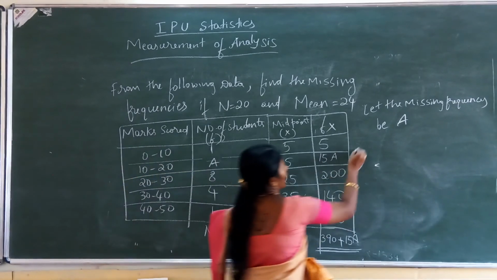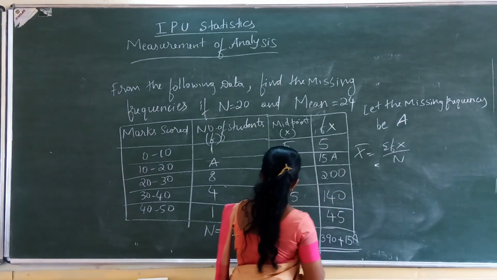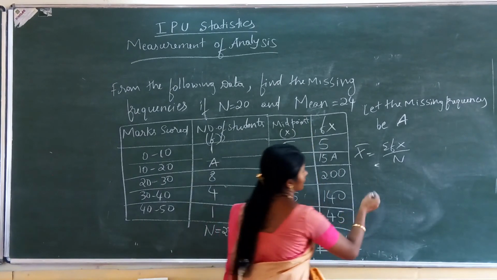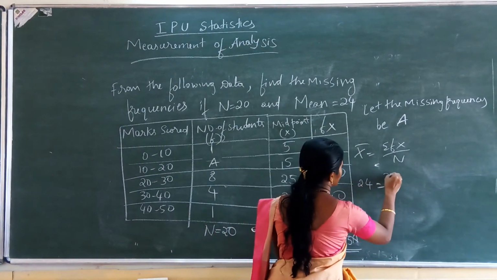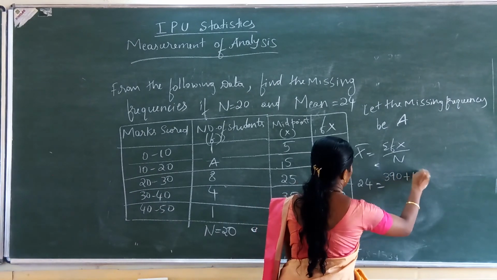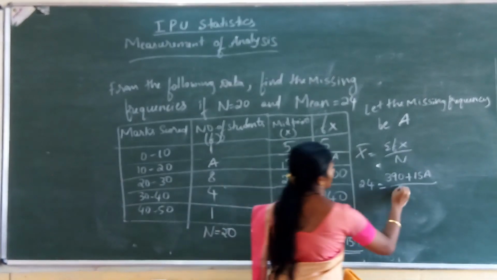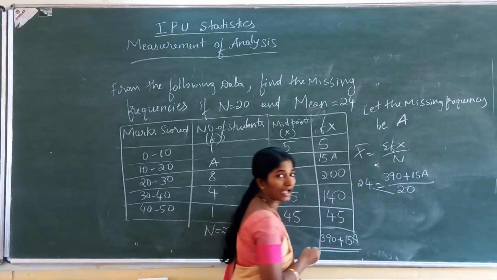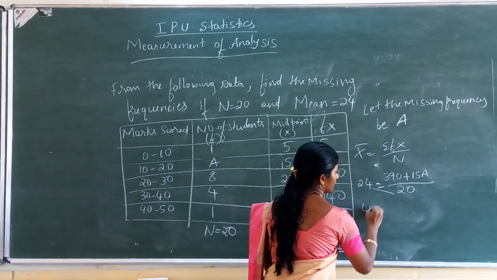Then write down the formula. X bar equal to sigma fx divided by n. X bar given in the question is 24. Sigma fx here is 390 plus 15a divided by n value, here 20. Multiply 24 into 20, we will get 480.